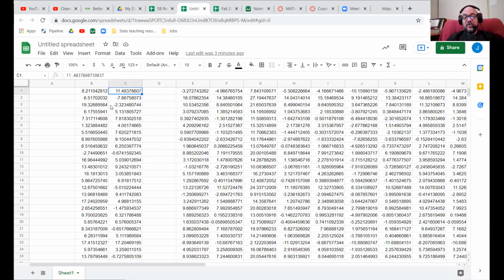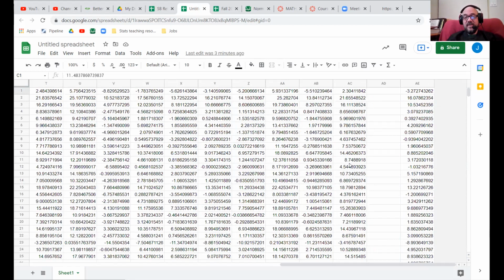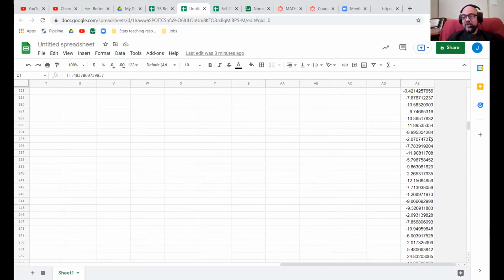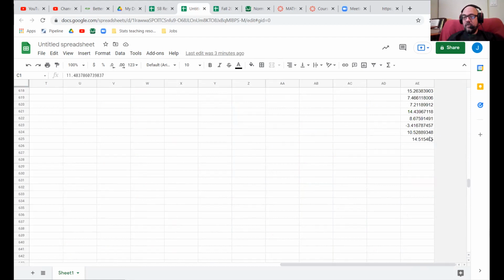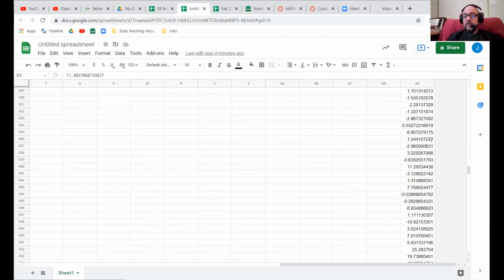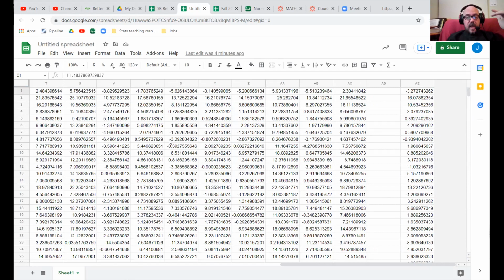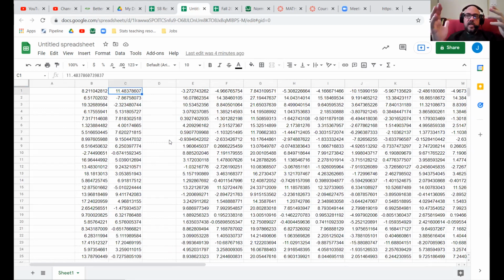I kind of wish I hadn't done 25 and 25, because I have to tell you, this column of 625 numbers took a while to make. You can see that there's a lot more in this column than in either of the other two, and a lot more than if you just added the two of them together. So anyway, that is what I mean when I say A minus B.